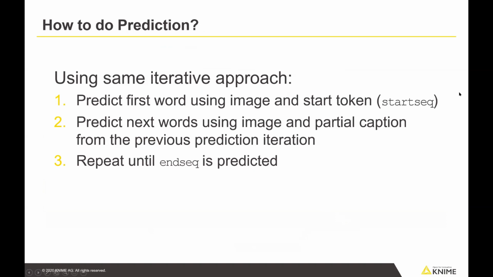Then this is concatenated with our start token, which gives us a new partial caption. And this is then again input with the same image into the network to predict the next word. This procedure is repeated over and over again until the network predicts the end token, and then we are done. We concatenate all the predicted words, and as output we get the predicted caption.